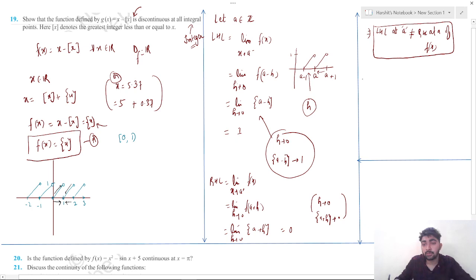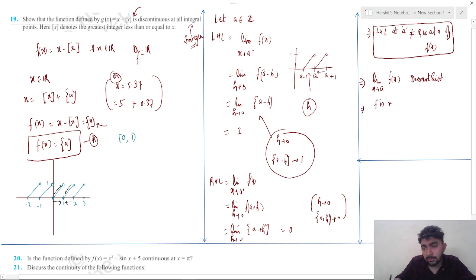So it implies that limit x tends to a, f of x does not exist. So it implies f is not continuous at a. Clear?